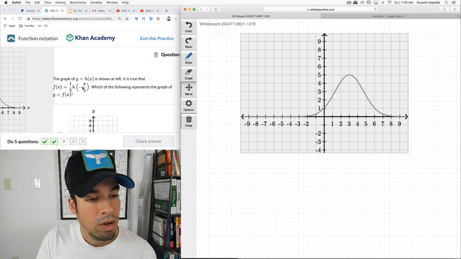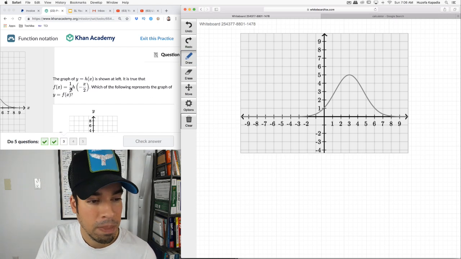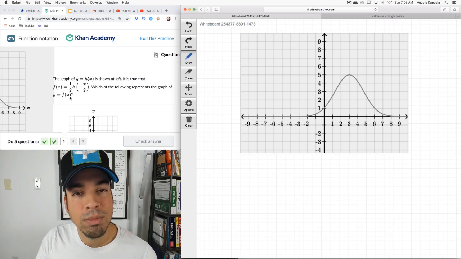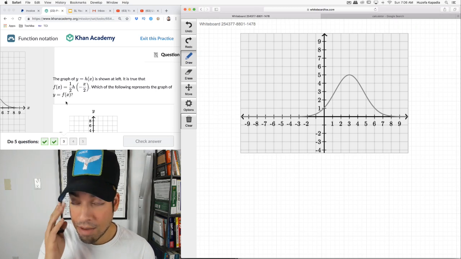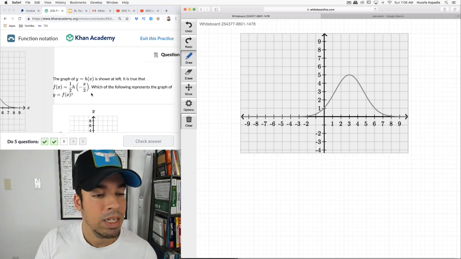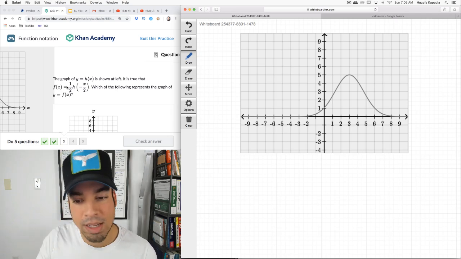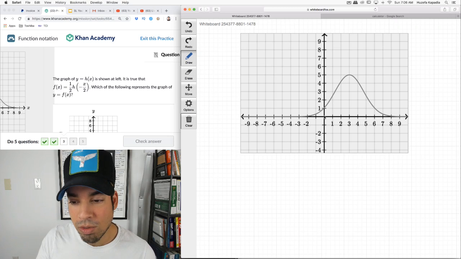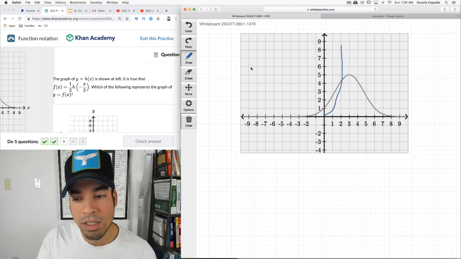Now, when we multiply something like this by 1/2, that is going to be a horizontal stretch. Okay, you don't have to remember all these different nuances. A great way to test it out if you're ever confused is to say y equals x squared. This is what y equals x squared looks like roughly.